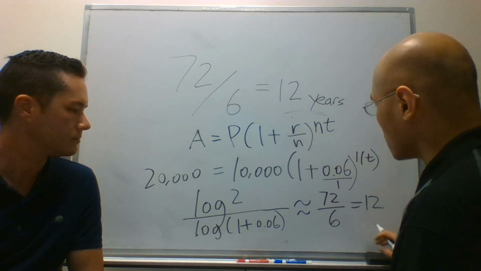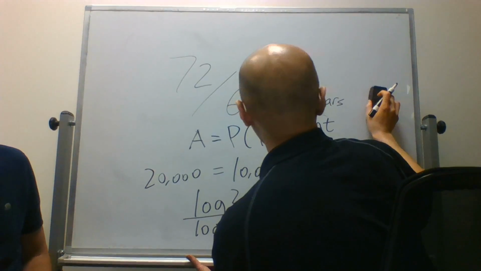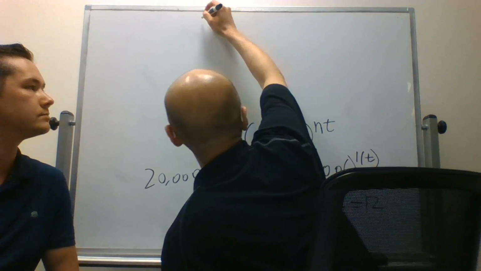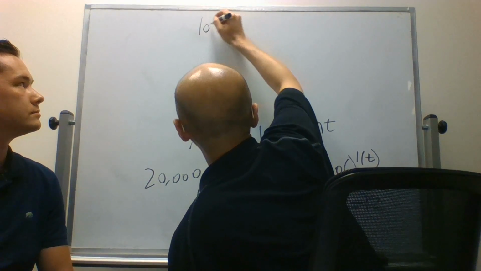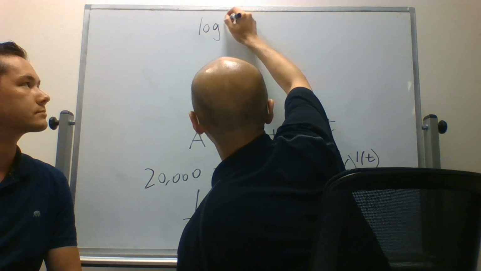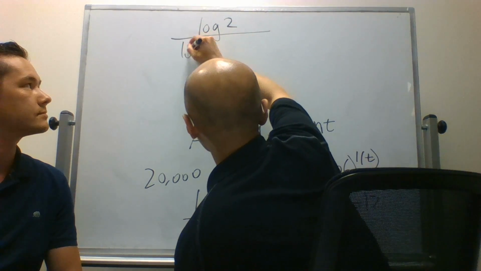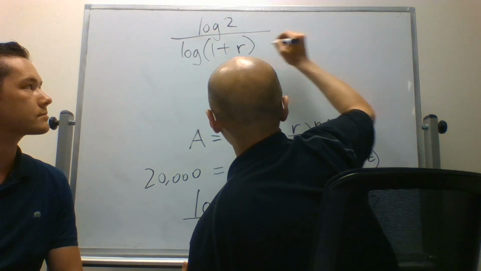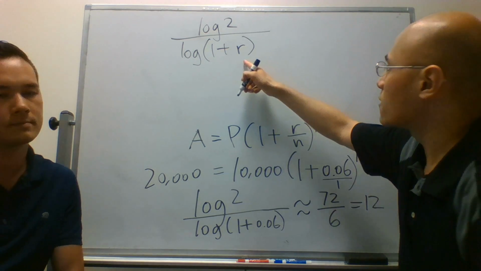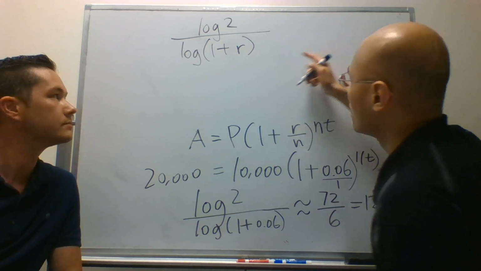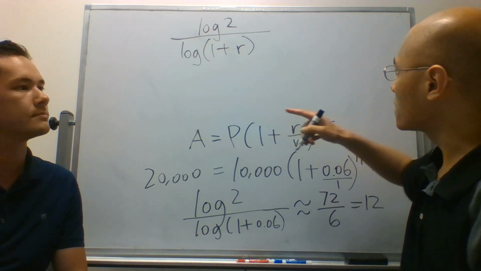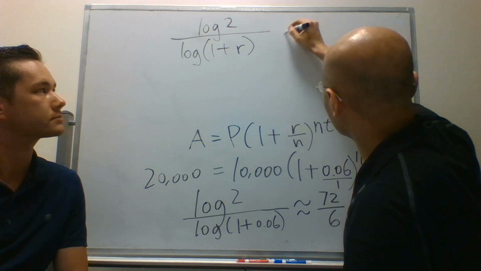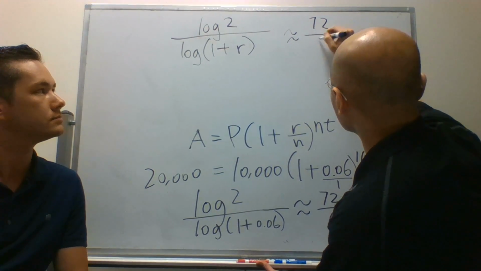So, in general, I'm just going to erase this here. In general, if you compute log 2 divided by log of 1 plus some proportion r, and if you compute that for various values of r, you'll notice that the trend will be roughly equal to 72 divided by r.